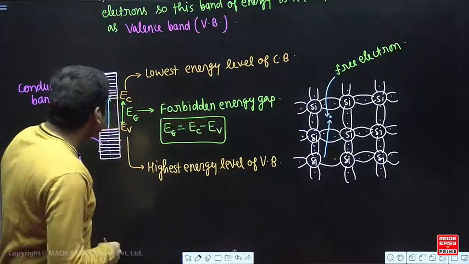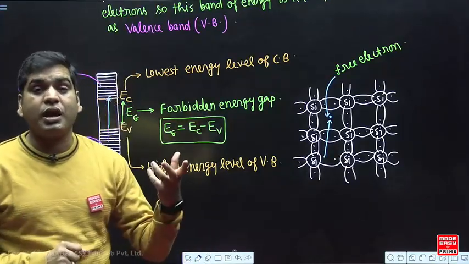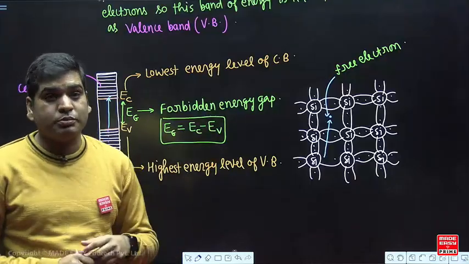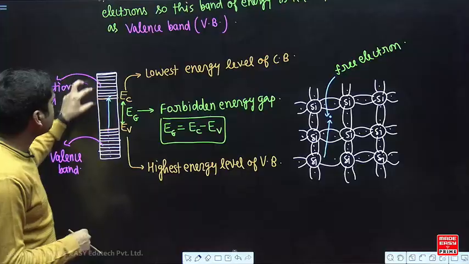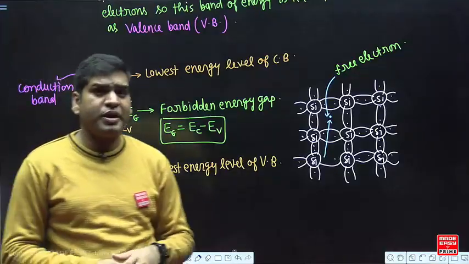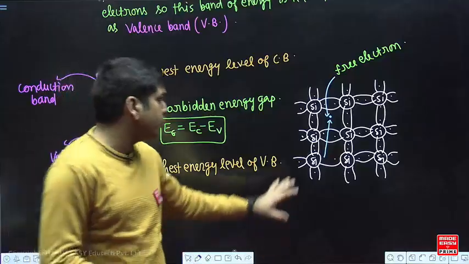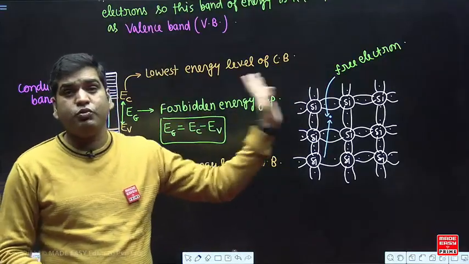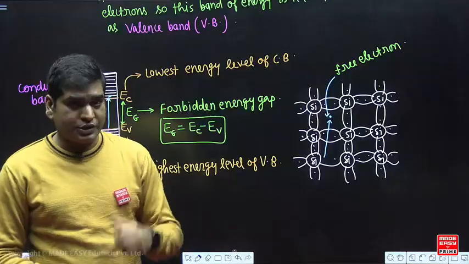So the electrons reaching the conduction band will be known as free electrons, and they are ready to move throughout the material. They are able to conduct electricity. That's why this band of energy is known as the conduction band, because the electrons in this band are not bonded to any atom. Instead, they are free to move throughout the material. So such electrons will contribute to the electricity.